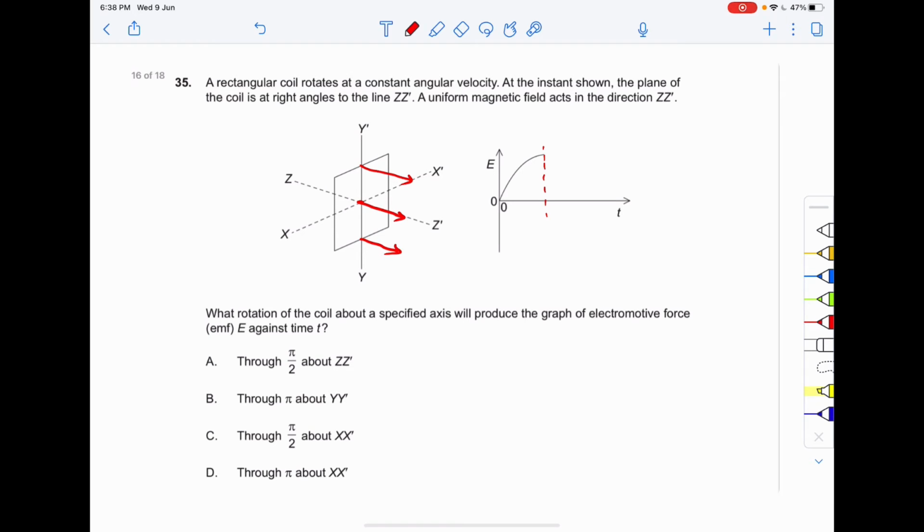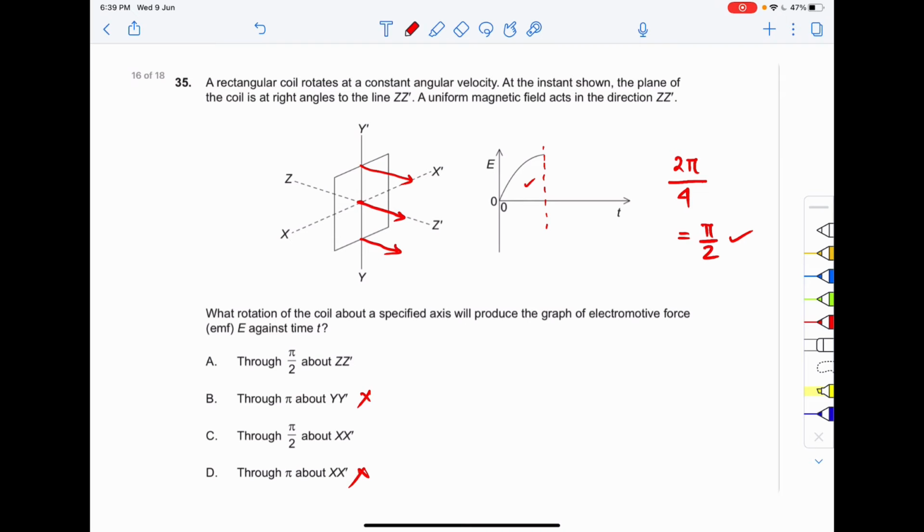The total graph was produced on rotating by 2 pi, so the graph produced by 1/4 of this means it has been rotated by an angle of pi by 2. So we can rule out this one and this one.